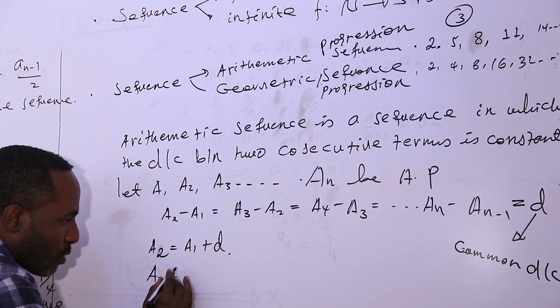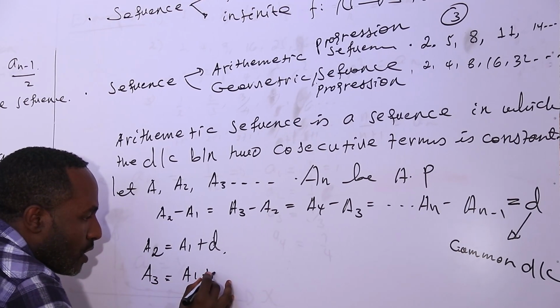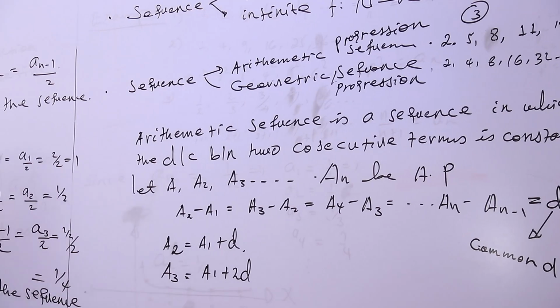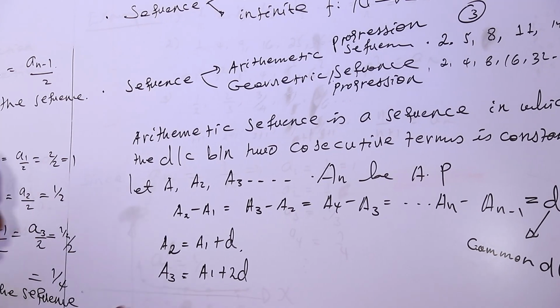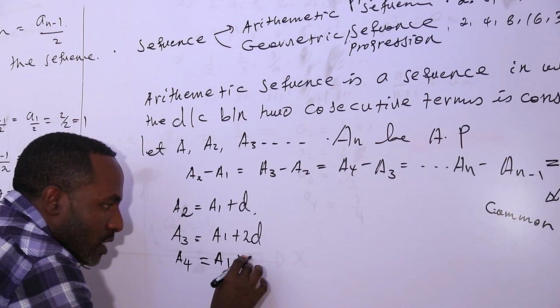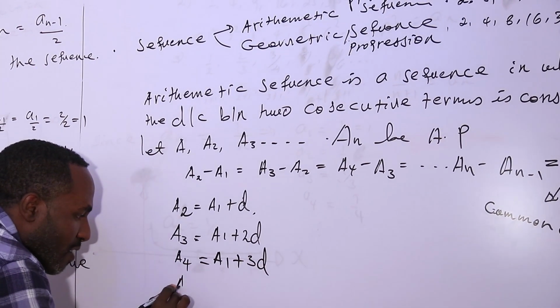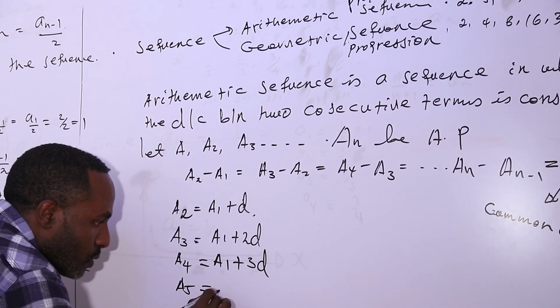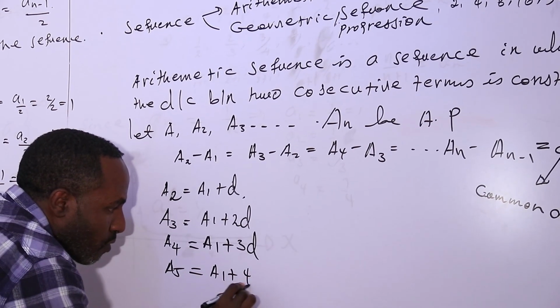So we can say A3 is equal to A1 plus 2 times D, 2 times the common difference. And again A4 equals A1 plus 3 times D, and again A5 is exactly equal to A1 plus 4 times D.